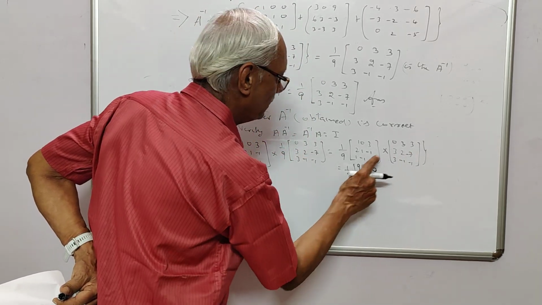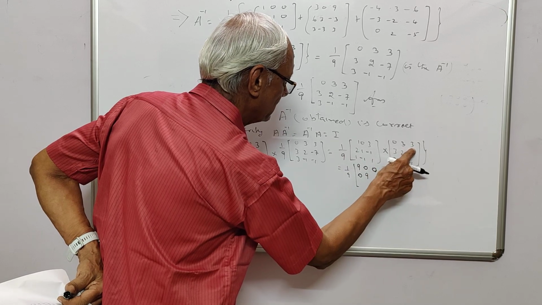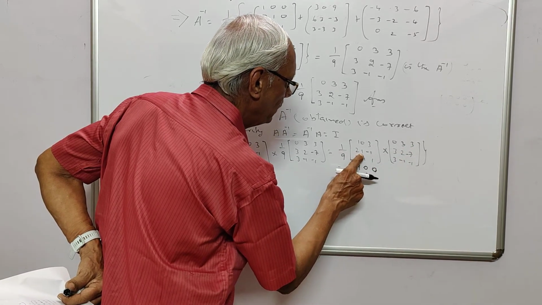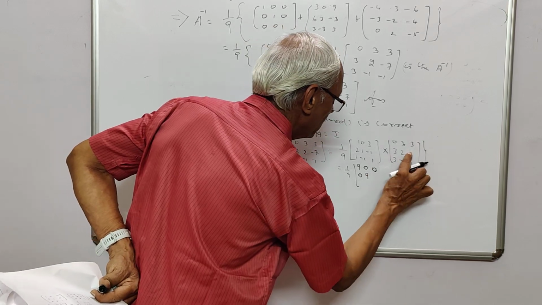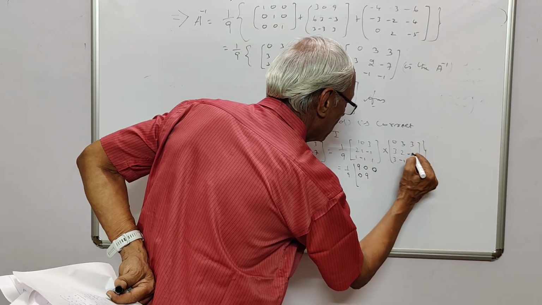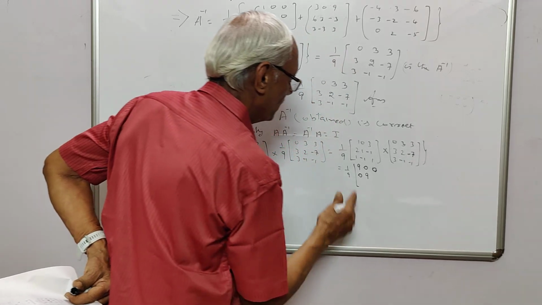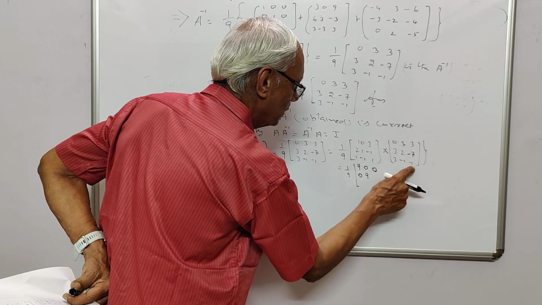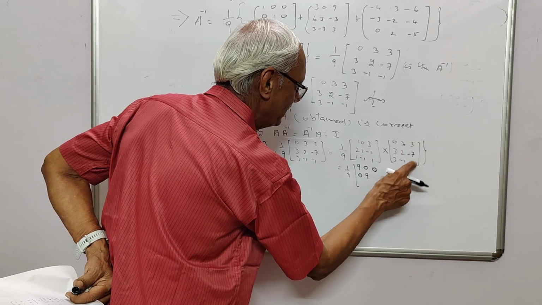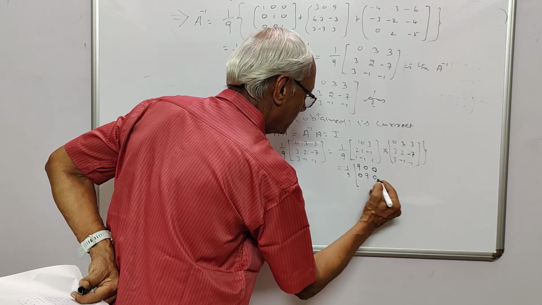So you see what you get now? 2 into 3 is 6, then 1 into minus 7 is minus 7, minus 1 into minus 1 plus 1, 6 plus 1 is 7, 7 minus 7 is 0.